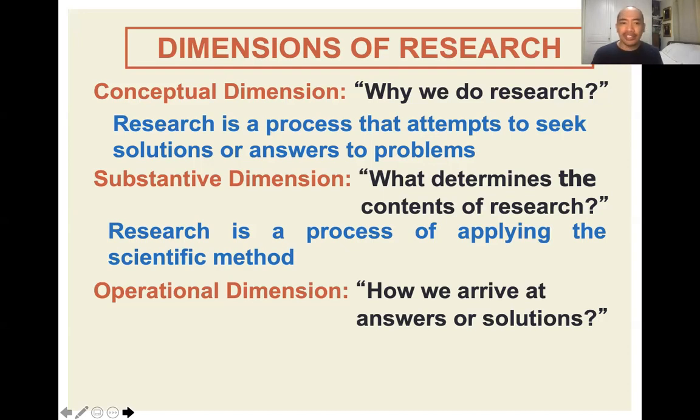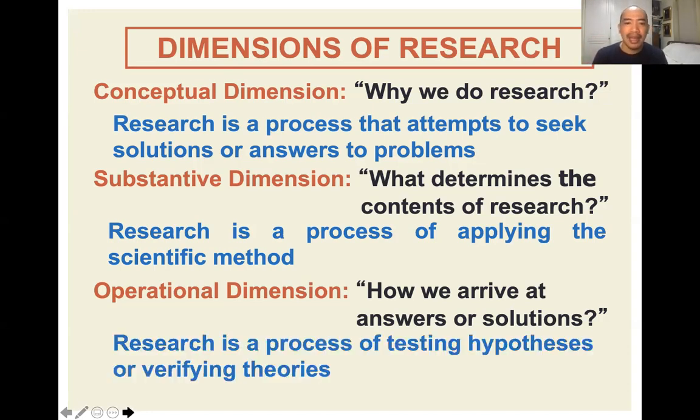We will now understand that only those questions and processes that are acceptable to the scientific method, as I explained in the previous lecture, are in fact acceptable as research problems.